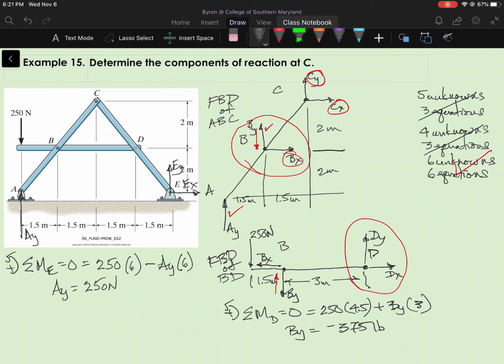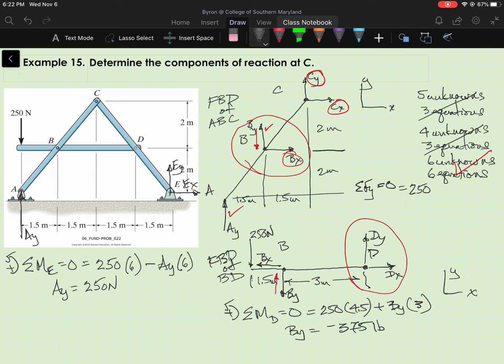So the first one I'm going to write is the sum of the forces in the y direction. And just to be complete here, I have regular frames of reference, or reference axes. Draw this one down here. Okay. So in the y direction on my free body diagram of ABC, I have A sub y, which is acting upward at 250 pounds.